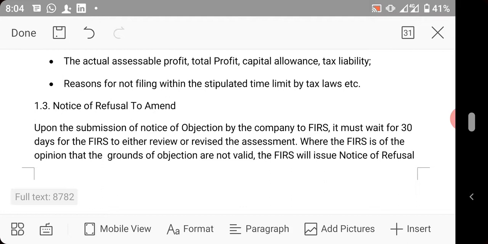When they find this evidence satisfactory or sufficient, they will now issue you a notice of amendment or notice to pay tax. Now, if perchance they look at your grounds of objection and find them not satisfactory, they will issue you a notice of refusal to amend. I hope that makes sense to you.